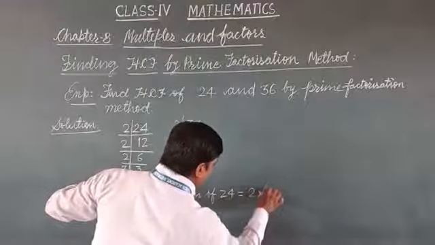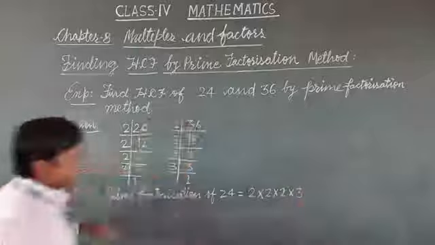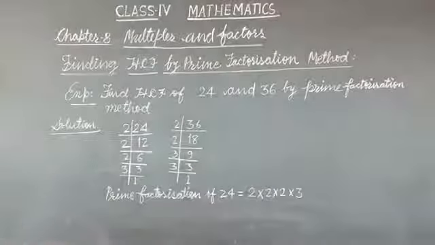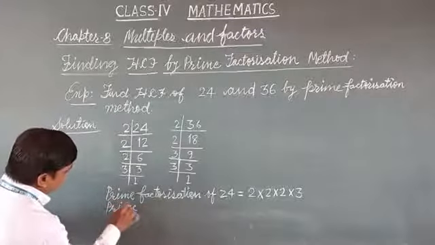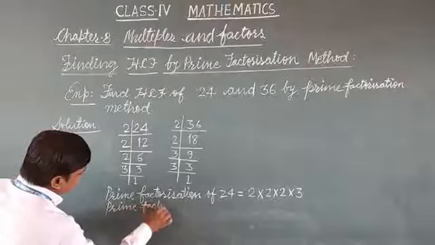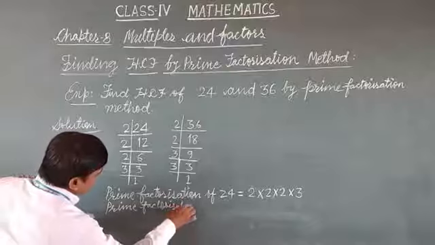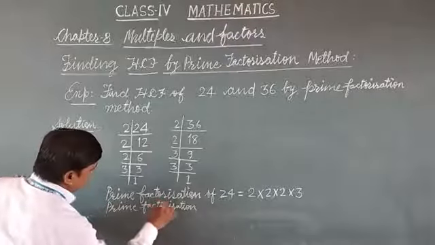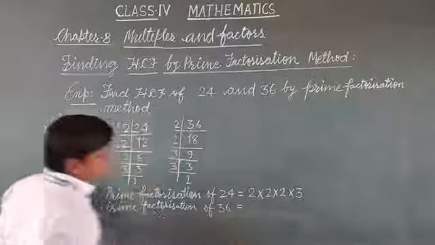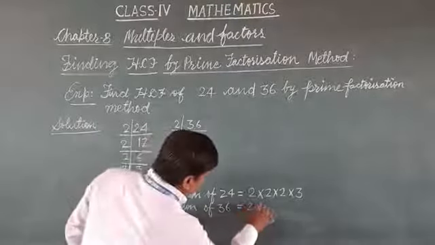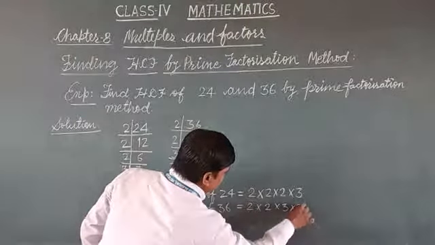Similarly, we write the prime factorization of 36, which will be 2 multiplied by 2 multiplied by 3 multiplied by 3.